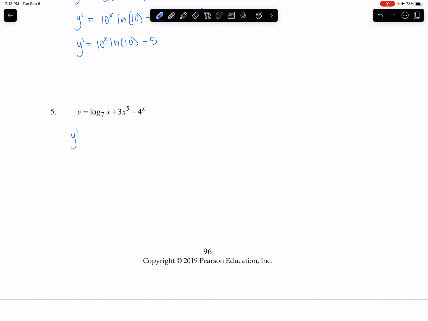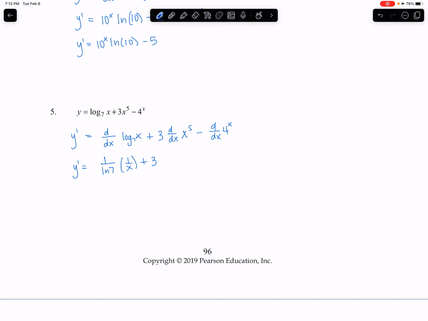Y prime equals, we'll take the derivative of log base 7 of x plus 3 times the derivative of x to the 5th minus the derivative of 4 to the x. The derivative of log base 7 of x is going to give us 1 over natural log of 7 times 1 over x.